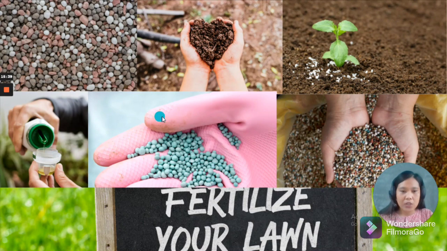Okay? So yes, fertilizers vary in color. Why? Because it dictates the chemical properties that it carries. Class, in our physics or chemistry, what are physical properties? It's either solid, liquid, or the state of matter.